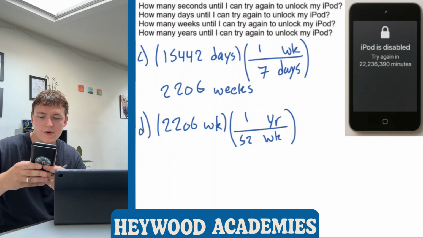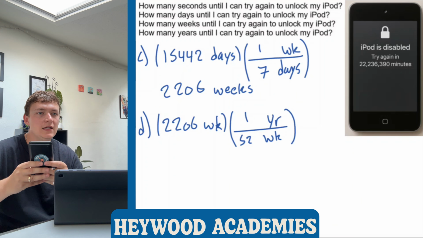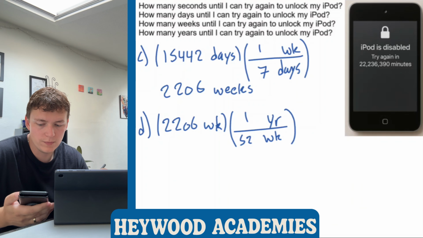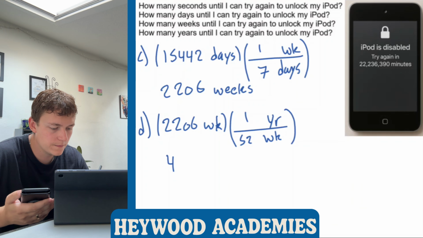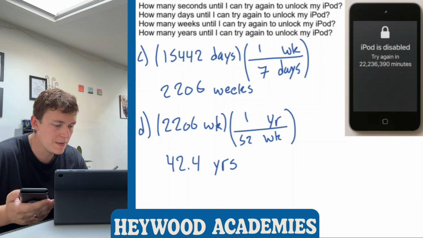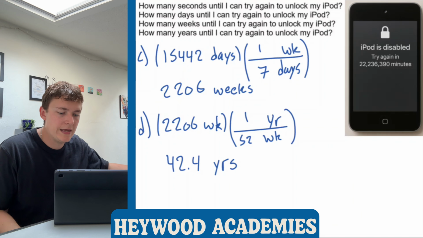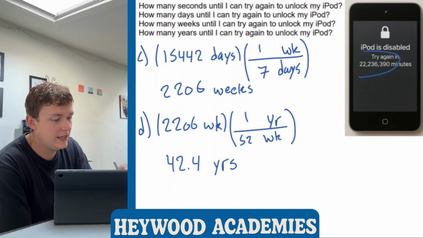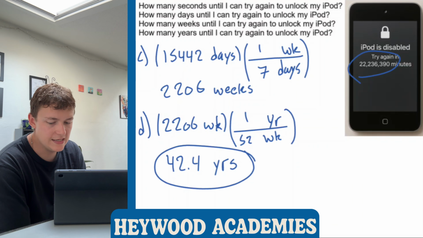So we can take that number and divide it by 52, which gives us about 42.4. Might be a bit of round off error in that calculation, but that's okay. That gives us our final answer. So this number in minutes works out to this many years.